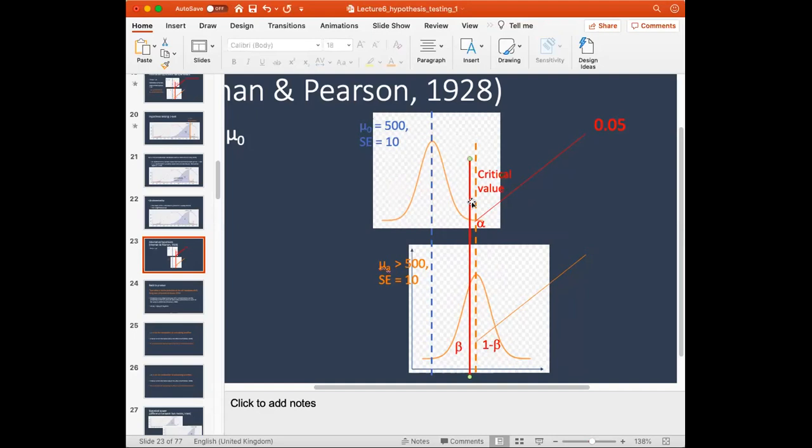Because the critical value also moves a little bit to the left, like over here, because the standard error becomes smaller, right? So if we increase the sample size from 16 to 100, we don't know the exact value of 1 minus beta, but we get a sense that 1 minus beta becomes larger and beta becomes smaller, which means we are achieving higher statistical power.